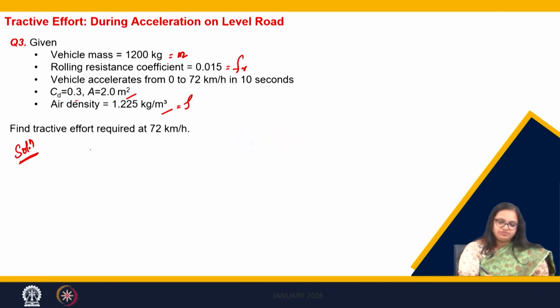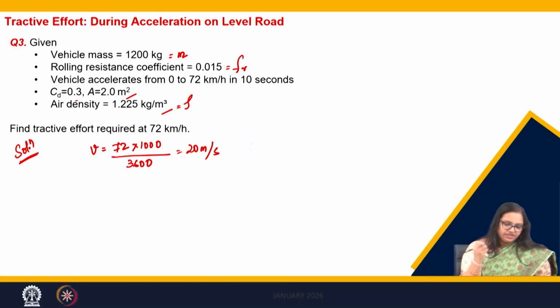The first thing we do is convert this speed into meters per second: kilometers per hour multiplied by 1000 divided by 3600, which is equal to 20 meters per second.